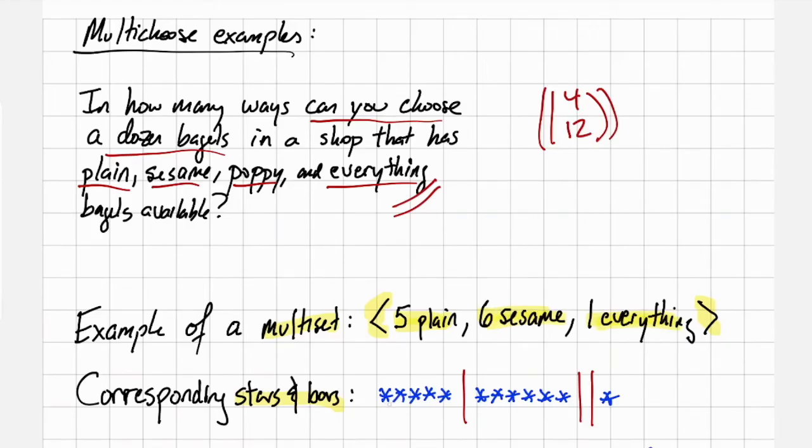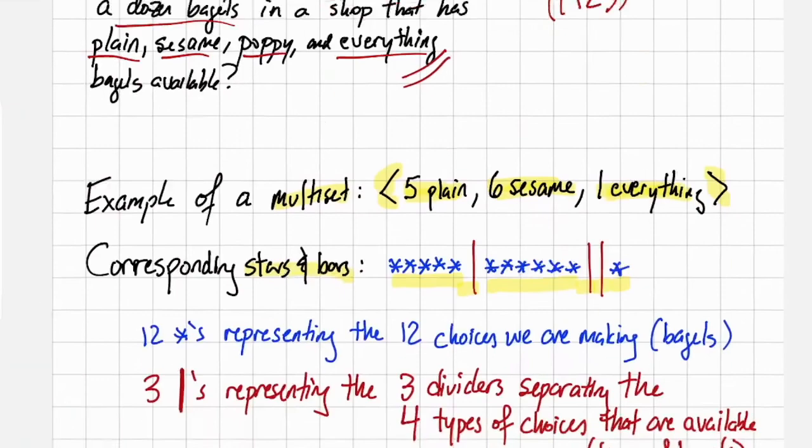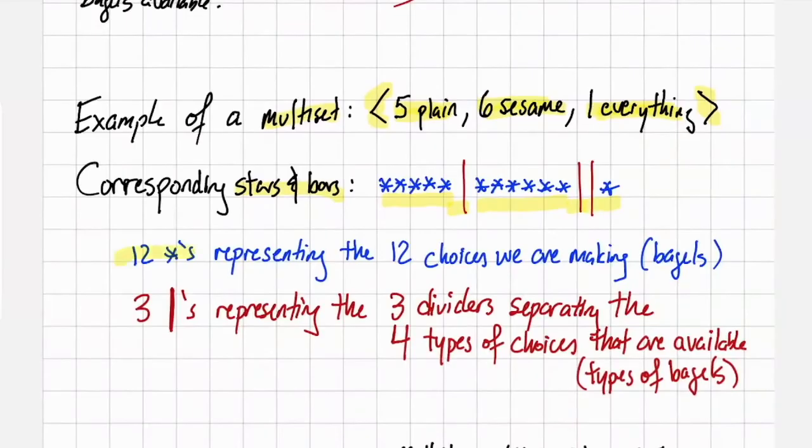This corresponds to 5 stars, 1 bar, 6 stars, 1 bar, 1 bar, and 1 star. These 12 stars represent the 12 choices that we're making. There's 12 bagels to choose. And the 3 bars represent the 3 dividers separating the 4 different types of choices that are available.